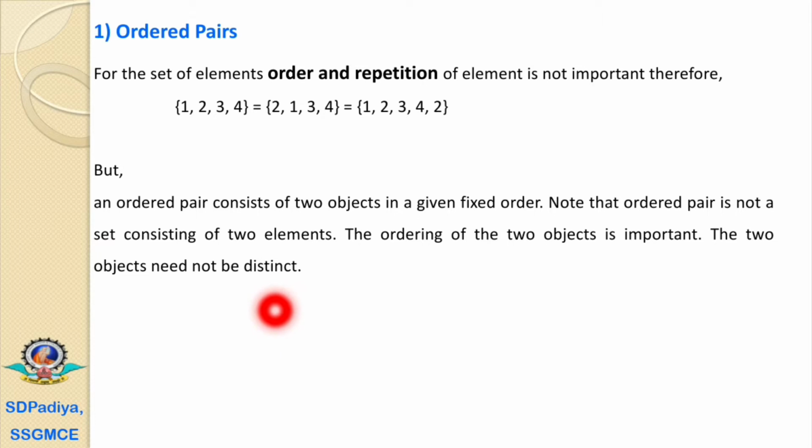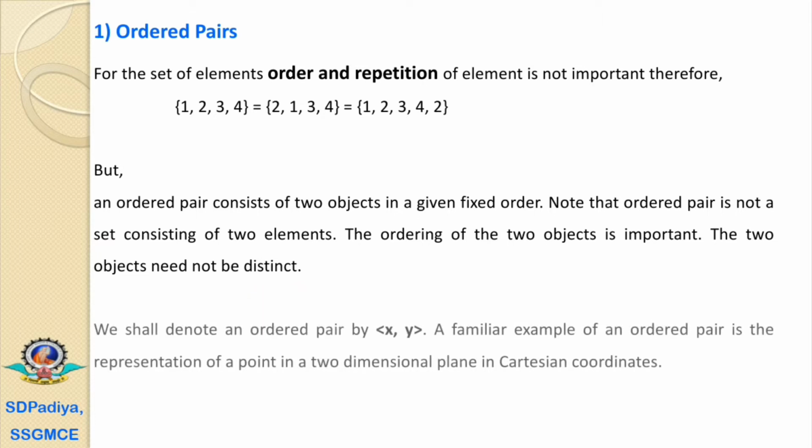The two objects need not be distinct. A set is written in curly braces. We shall denote an ordered pair by angular brackets, that is ⟨x, y⟩, or the ordered pair is also represented by a pair of parentheses.